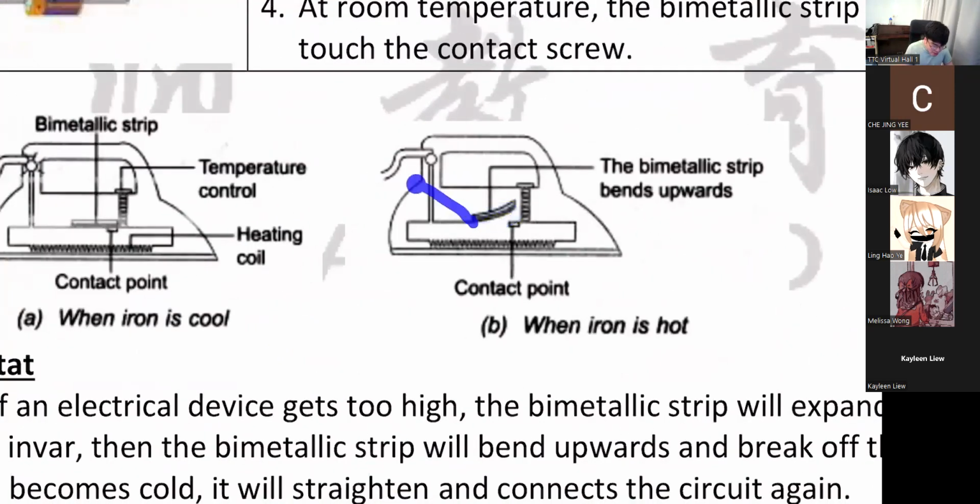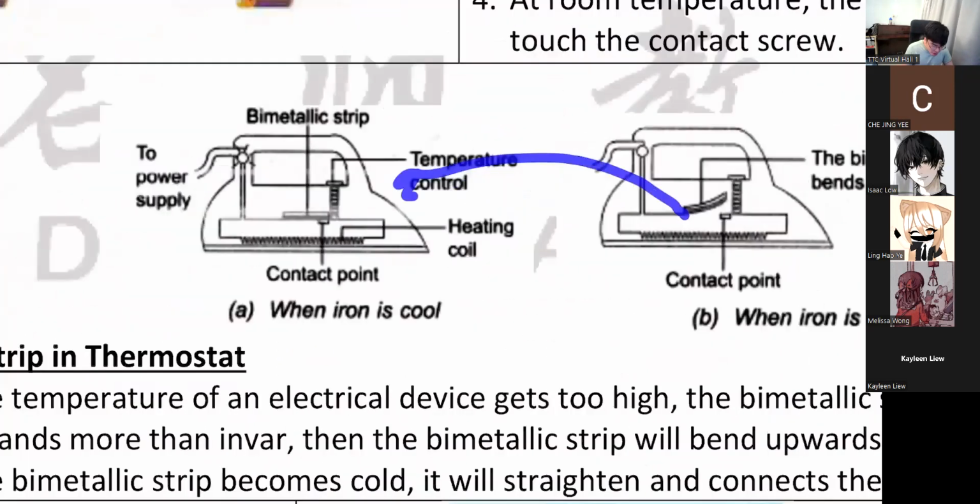Then it will start to cool down again, and when it's too cool, it will connect again so that it reheats. So it keeps heating and cooling, and just remains at that temperature. So this is the bimetallic strip controlling it. That's why your iron behaves like that, going up and down.